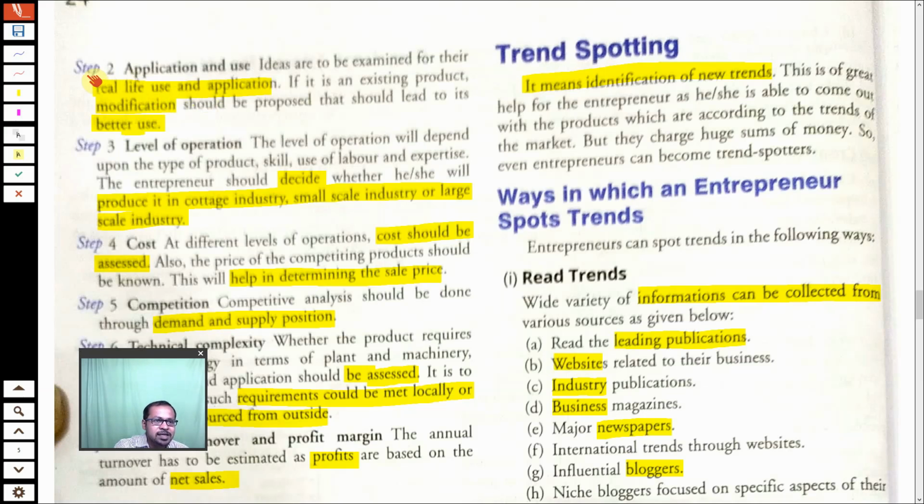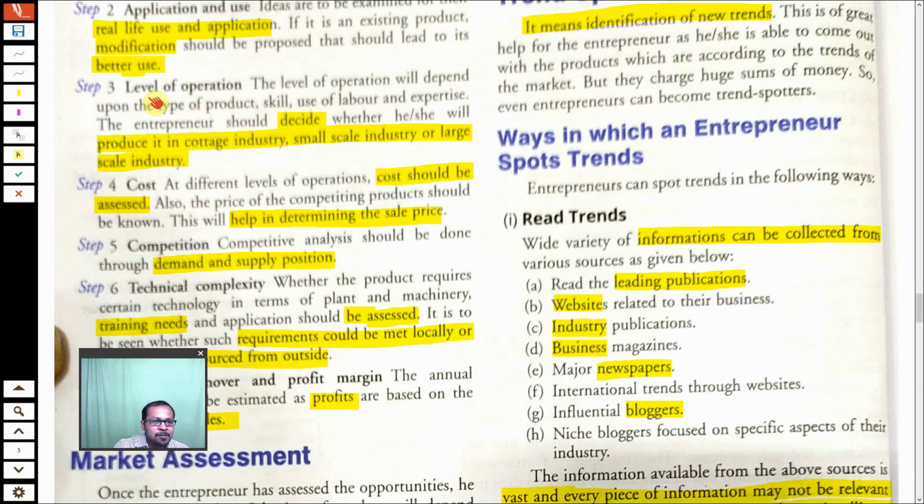Then the second step is to see real life use and application of your product. Okay, you can also modify an existing product for better use. So there has to be some value addition and real life usefulness of that particular product or service. Then you need to decide the level of operation.